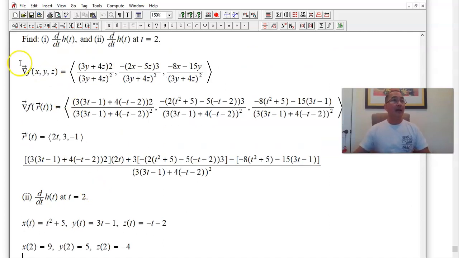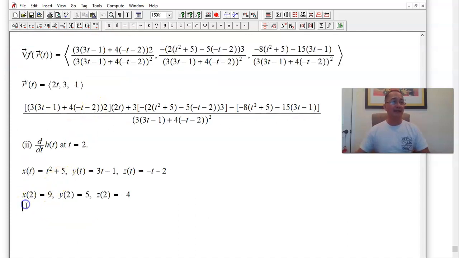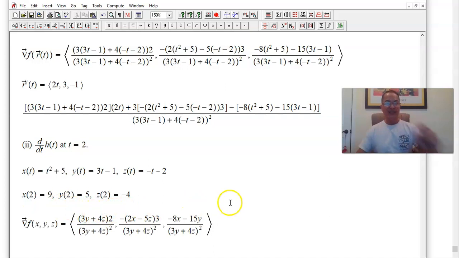Now we can plug those into our gradient. Don't you think it would have been really unpleasant if we did all of that just to plug in 2? Because now all we have to do is plug in the 3 numbers. So x is 9.